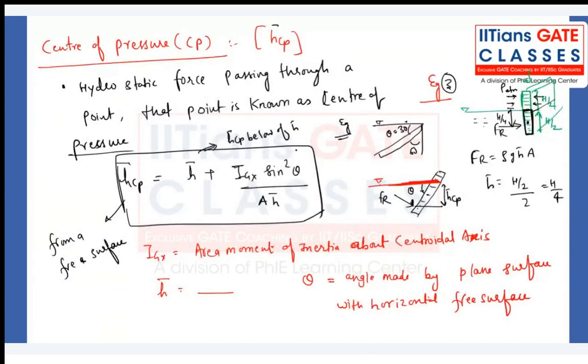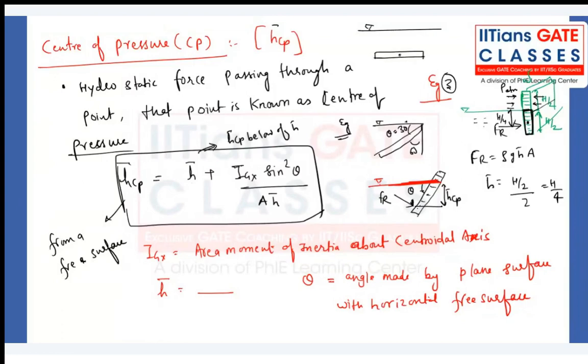So when theta is 0, in that case, h bar cp will coincide with h bar, just like a horizontal plate which is being immersed in a liquid, right? In that case, the center of gravity will be exactly at the same height as the center of pressure. That is very common sense, right? See, this is a liquid surface and we have the plate.